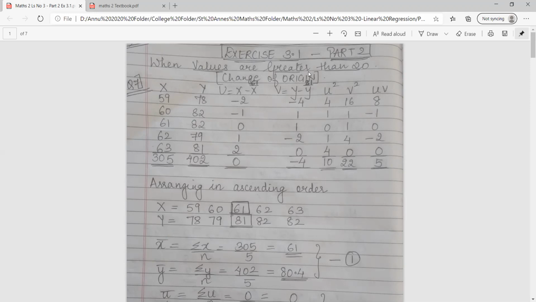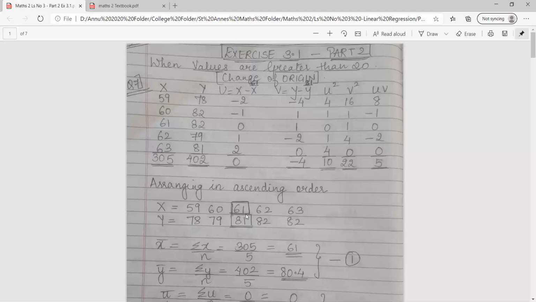Now class, we will take the median of both the data. I hope you all know what a median is. It is the exact mid value. So as you can see class, if I leave 2 numbers from the front and 2 numbers from the back, I am left with number 61, which is in the exact middle of the data. Similarly, I can take 81 as the middle value for data Y.